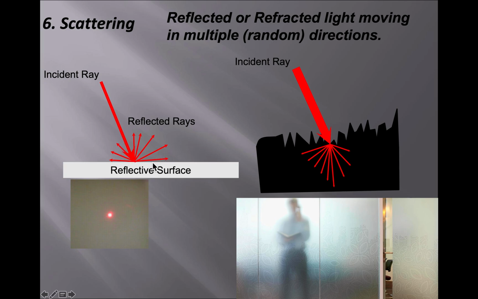Someone standing over here will see a little bit of light, and someone standing over here will receive a little bit of the light, because the light is scattering in many different directions. Or light can be refracted as it passes through a material with irregular surfaces: as the light strikes it, some of the light will go one way, some will go a different way. As you can see in this frosted glass, as the image passes through the glass, you don't get a very refined image of who's behind the glass.